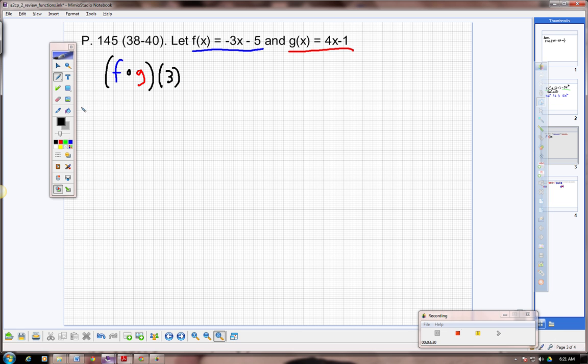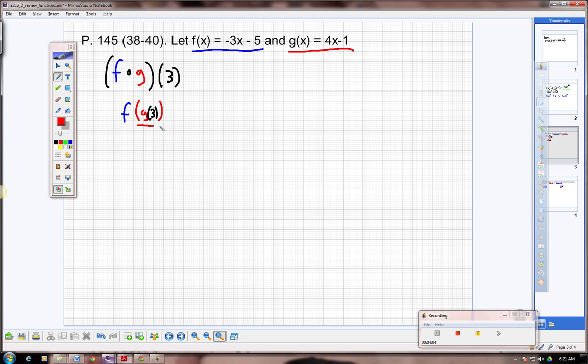So we're going to plug 3 into g first, and then we're going to take whatever value we get from that and substitute it into function f. So starting, I always like to rewrite it, f of g, put the right parenthesis in there, of 3. The first thing that we're finding here is g of 3.